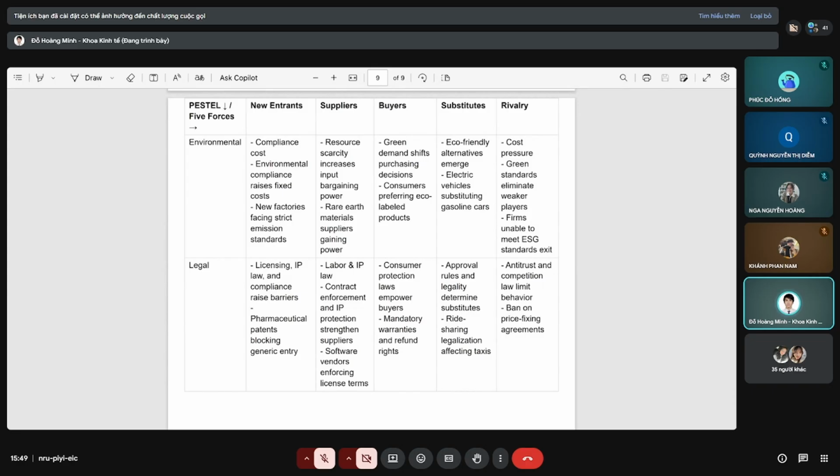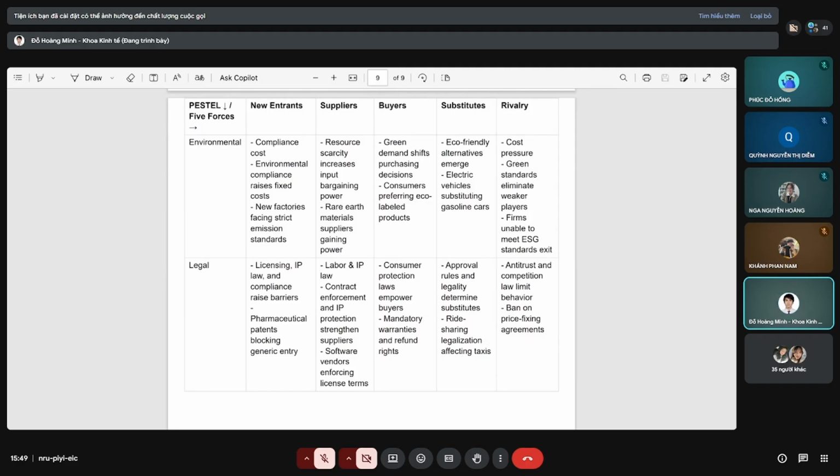Or the suppliers: if the labor law is successfully enforced, the employees have more bargaining power relative to the firm, because if the firm wants to change something in the contract or improve some term in the contract, they still have to comply with the labor law.